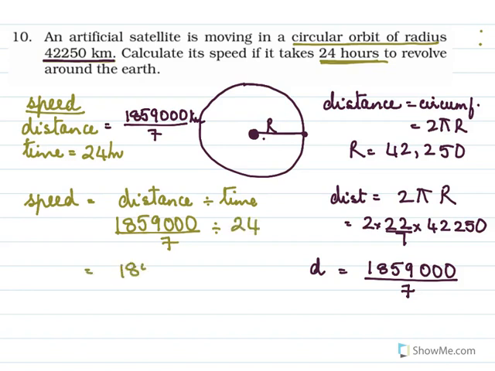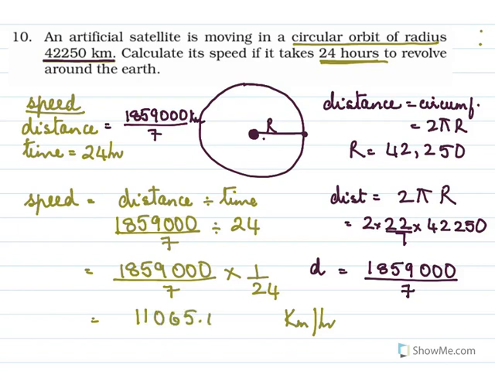Time was 24 hours. So it's 1859, 3 zeros over 7. The division I make multiplication 1 over 24. Now remember, whatever answer we get will be kilometer per hour, because we took distance in kilometer and time in hours. And here the answer on working becomes 11065.476. So we can take as 11065.48 kilometer per hour.